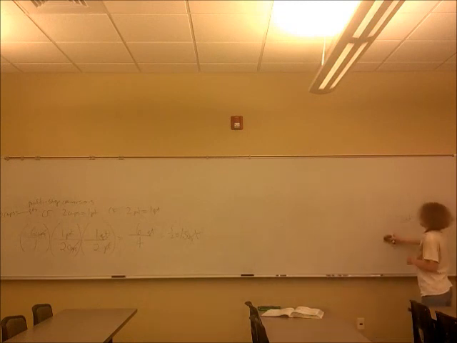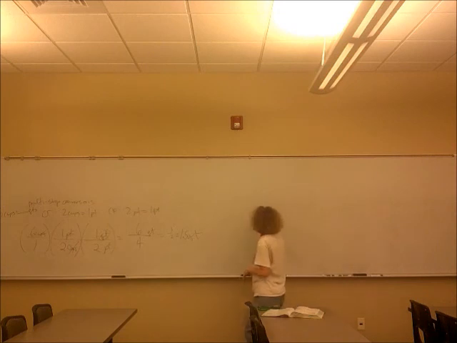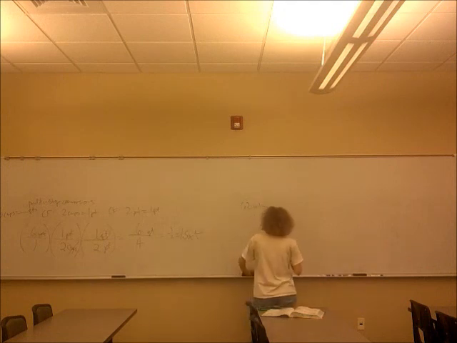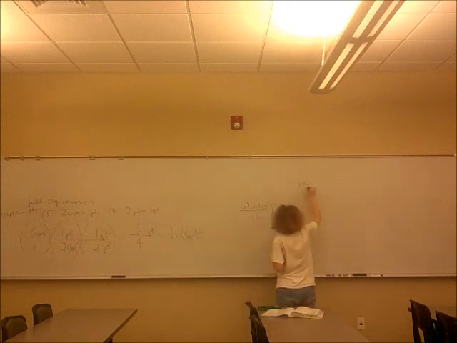It doesn't always happen this way that you start with something on top and cancel by putting on the bottom. You could have something like 62 miles per hour, and you want to know what it is in kilometers per second.